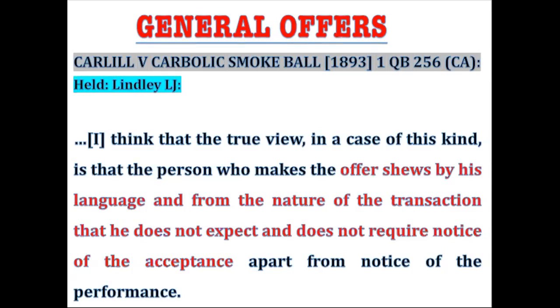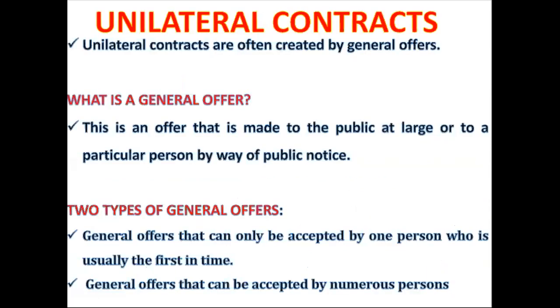You remember when we looked at the types of general offers, we said there was one kind that can only be accepted by one person, who is usually the first in time, and the other that can be accepted by numerous persons, as the case may be. Now, let's look at Carlill and Carbolic Smokeball. It falls under the second category, general offers that can be accepted by numerous persons.